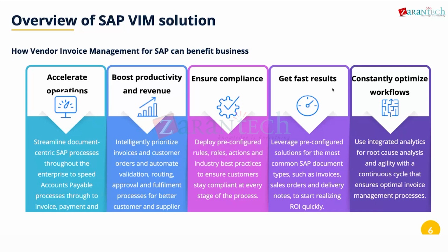And the fifth one is constantly optimize workflows. As I was telling from the previous slide, Vim has a large set of reports as part of the Vim solution. They go into so much detail that we will be astonished to see how much data the reports give.